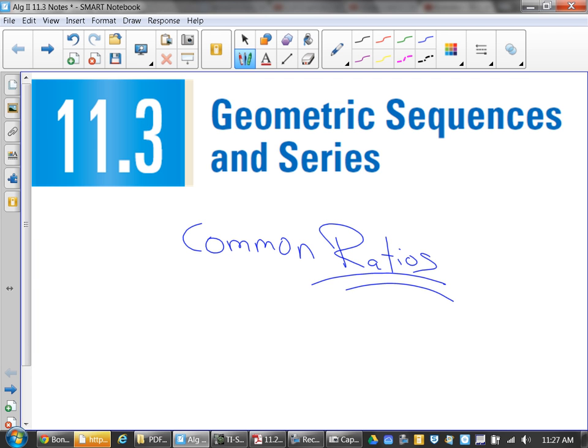Let me ask you this. What is a ratio? Geometric mean. I forgot what the formula was for. So that's when we did geometric mean. What is a ratio, guys? What is a ratio?